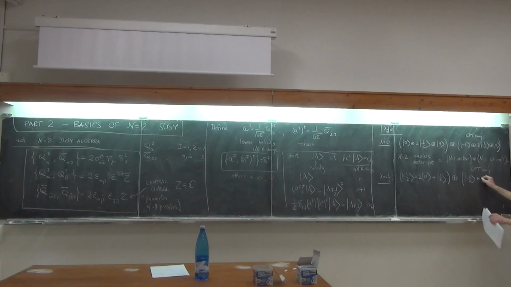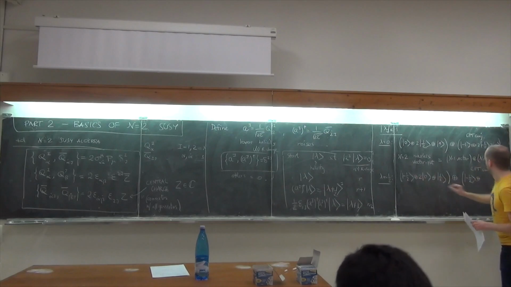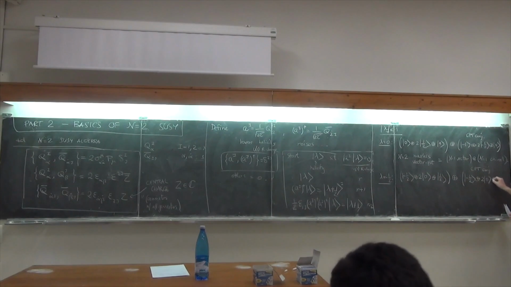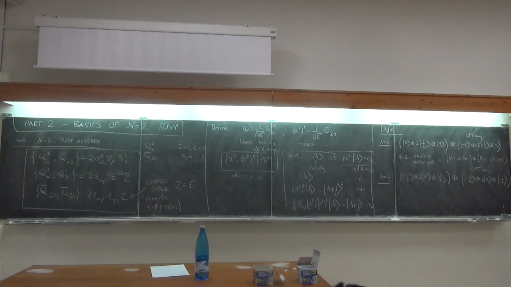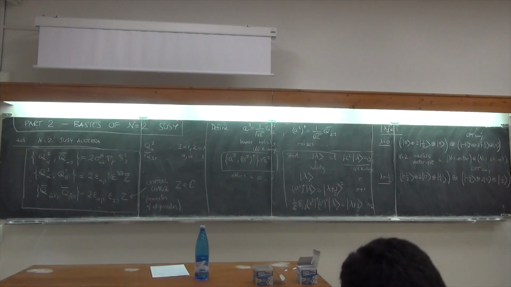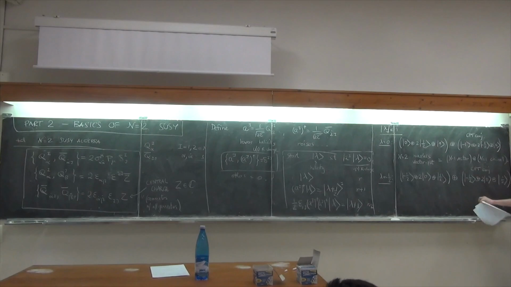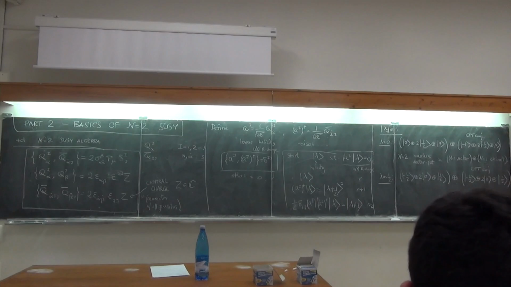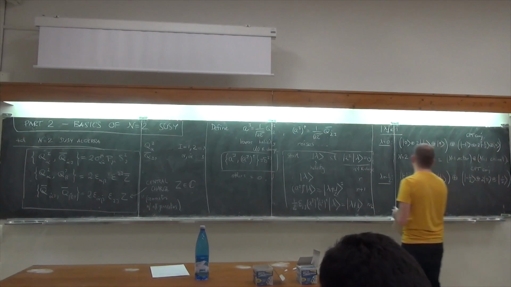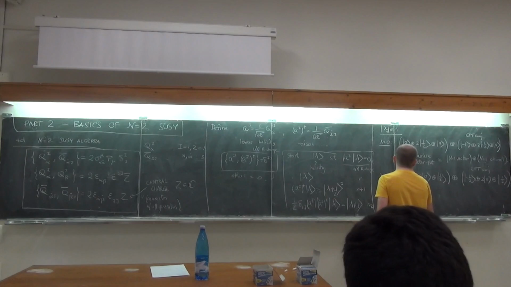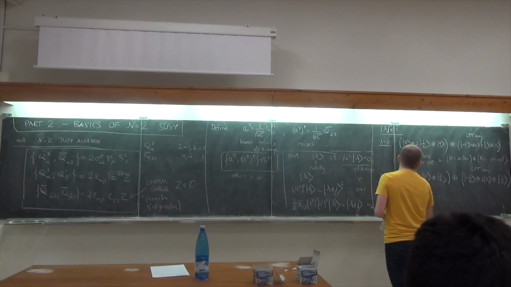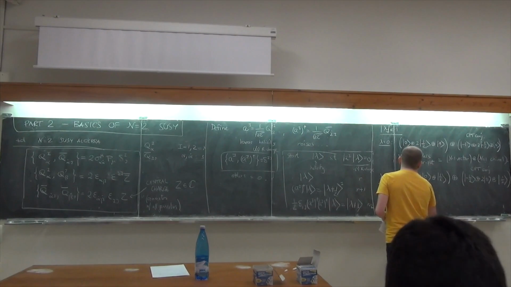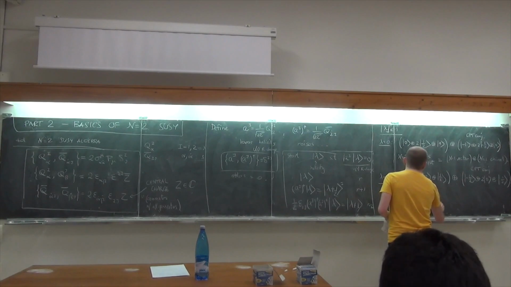I will comment again in a second about this. This multiplet, which is built like this and contains 4 real scalars, so in fact 2 complex scalars, and 2 Weyl fermions, is the N=2 massless hypermultiplet.